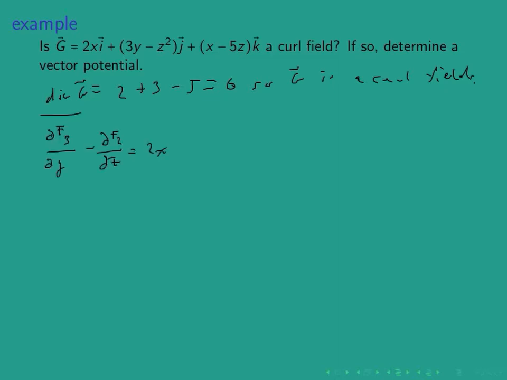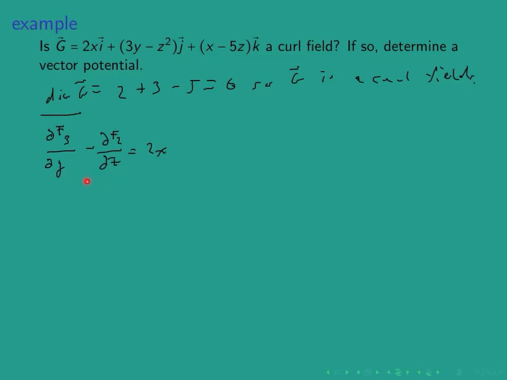Okay, as I said before, now we're going to try to find this vector potential, and this is not necessarily that easy, and it's a little bit of fishing. So here's what I'm going to do. I'm going to write down a little bit at a time pieces from the formula for the curl.